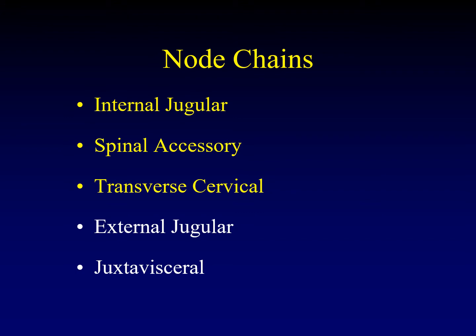The three that are really going to be most important to us are the internal jugular chain, the spinal accessory chain, and the transverse cervical chain, because these three form a triangle in the neck that is the basis for all of this nodal anatomy.